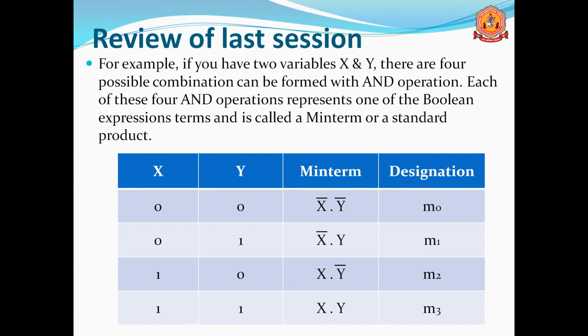Variable value 1 means it is y. In the second line you can see x dash because it is 0, and y because it is 1. Then next, 1 0 means x, because 1 is x, then y dash because 0. Then 1 1, since no value is complemented, it will be x and y.